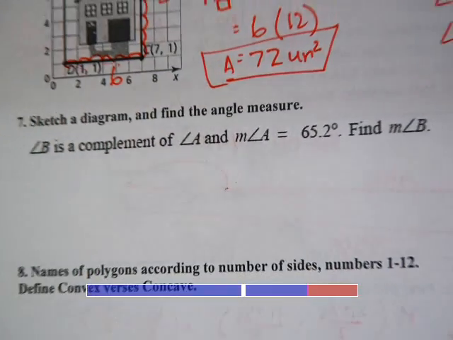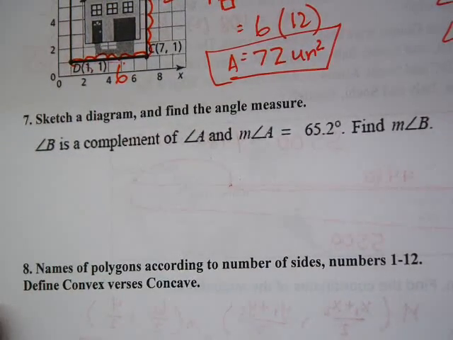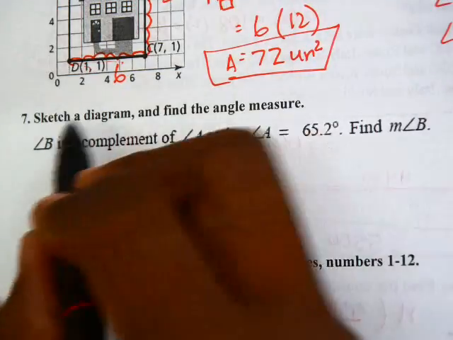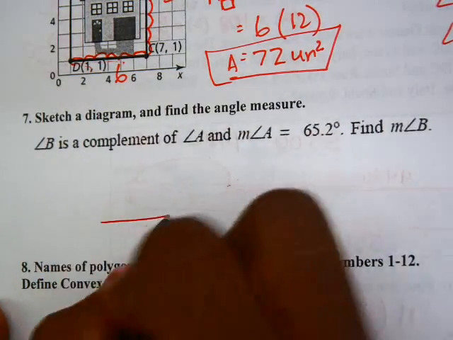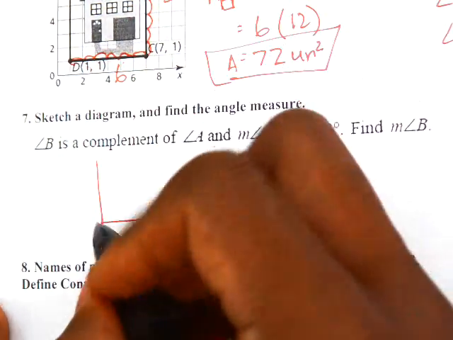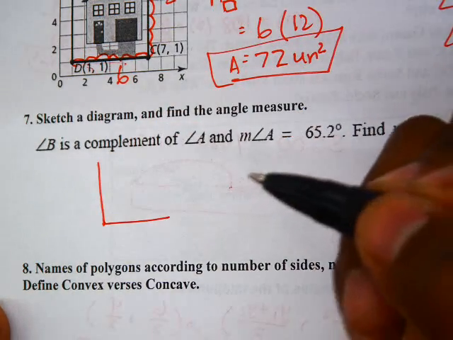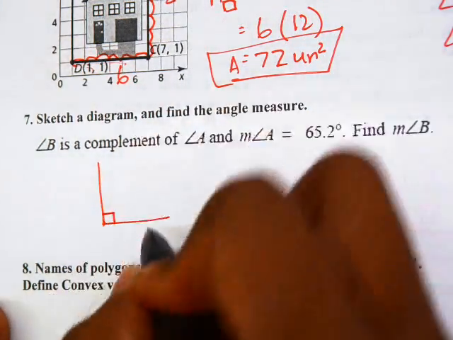Okay. So that's 7. B is the complement of A. A is 65.2 degrees. Find the measure of angle B. So sketch a diagram. Complement means to add up to 90 degrees. So they need to make a right angle somehow.